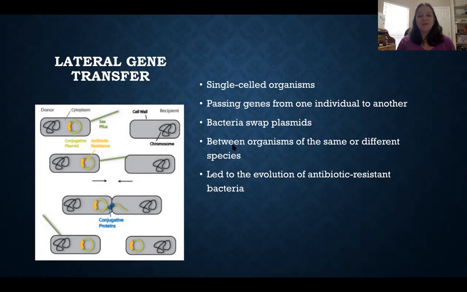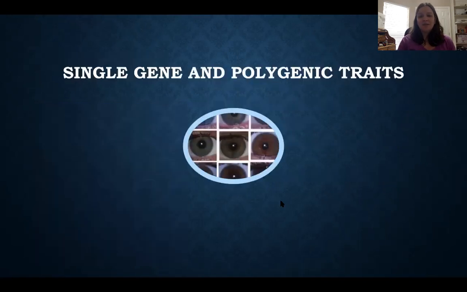This can happen between the same species or even different species of bacteria. They tend to have to be somewhat closely related, but they can pass that on and give another bacterial cell their antibiotic resistance, which can be a problem for us.